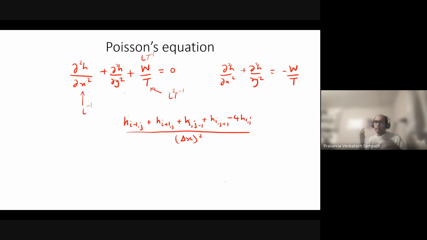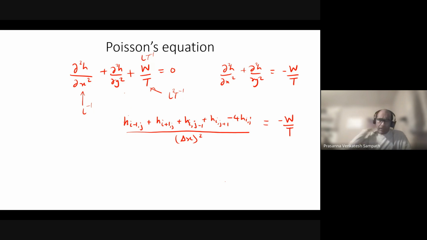So although I have dou x square and dou y square, if delta x and delta y are equal, which means my cell is square in shape, it's not a rectangle, it's a square, then I can simply replace delta x square and delta y square with delta x, the whole thing square. How I arrived at this, we have already spoken about in the last class, so there's nothing much to say about that. Equal to minus w by t.